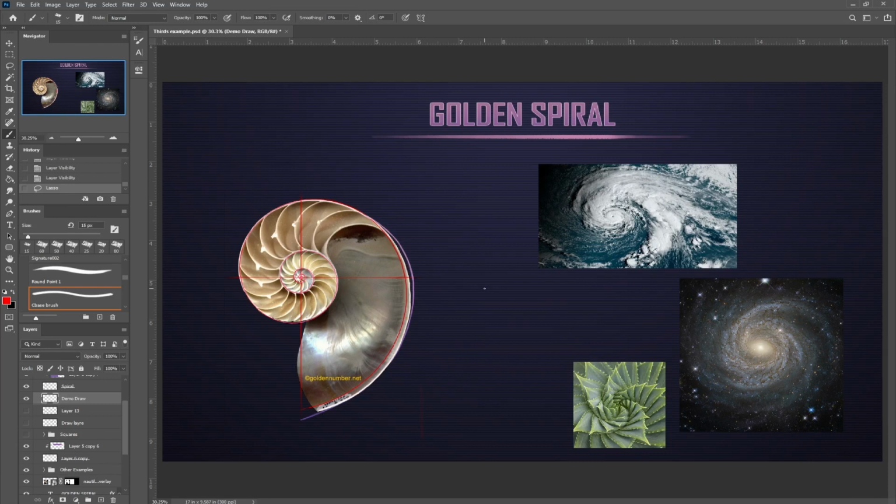So the golden spiral is literally just the golden ratio plus the rule of thirds.